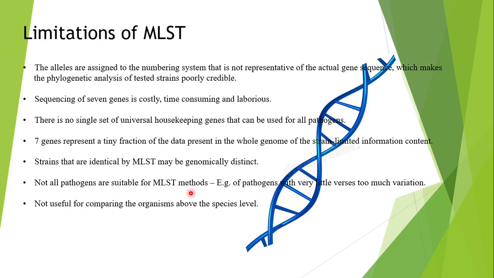Conversely, some bacterial genomes have accumulated so much variation that MLST housekeeping genes do not provide adequate information for typing. Another major drawback of MLST is it is not useful for comparing the organisms above the species level.